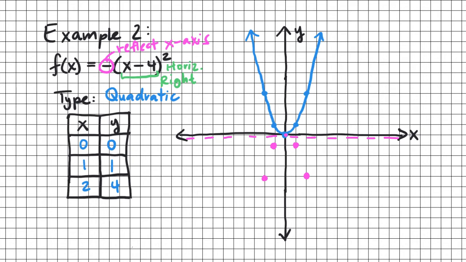So every point's going to move to the right 4. So 1, 2, 3, 4.